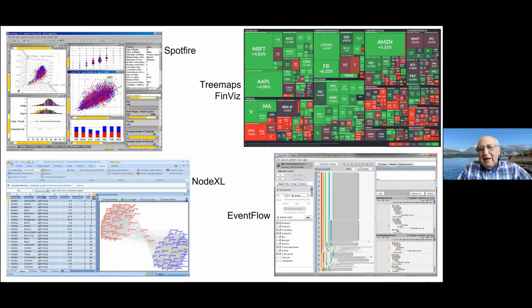And so it became very widely used, and tree maps are found in most visualization tools, Tableau and Spotfire and all the rest. NodeXL was our contribution, also embedded in Excel to allow simplified network analysis. And on the right-hand bottom is the EventFlow tool that we started using for medical event sequences.